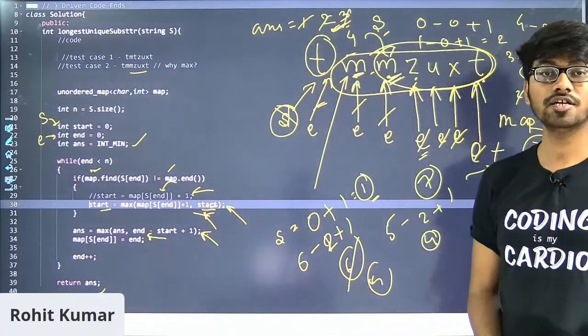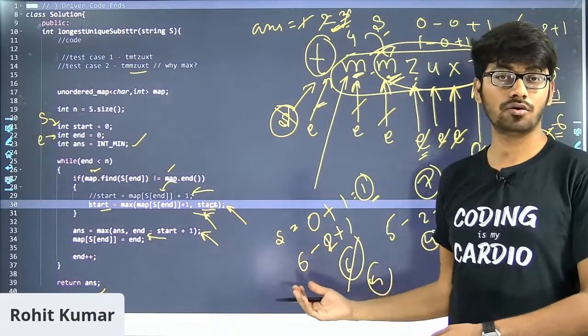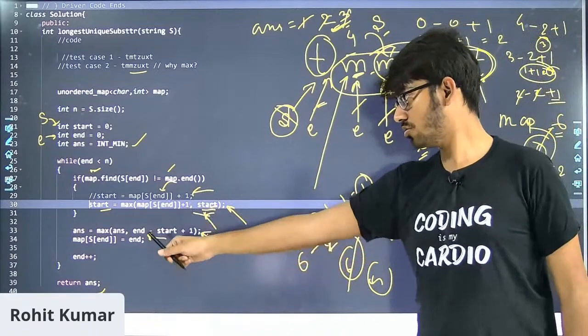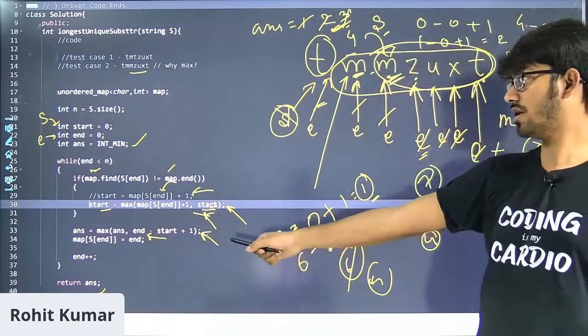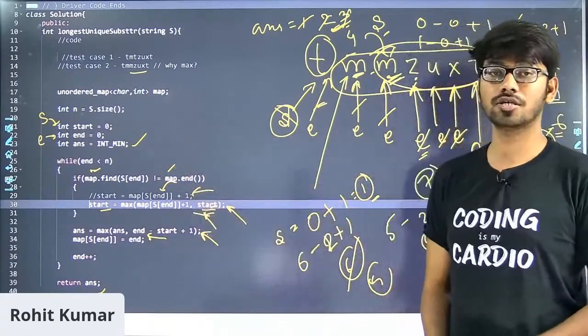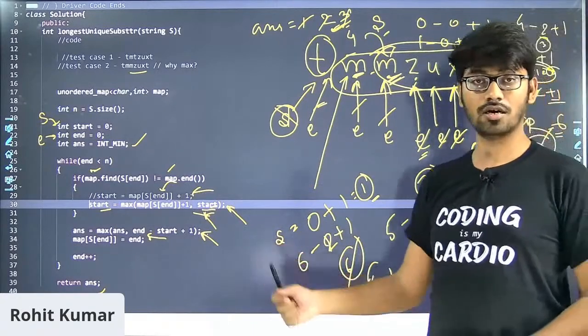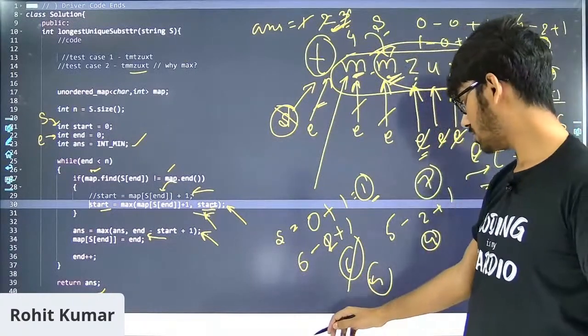So I tried my best to explain the logic of sliding window in this question. I have taken both the scenarios and shown you why we are doing the max. Otherwise, most of the things are pretty much intuitive. So let me compile this code and see how this works. Let me clear the canvas.